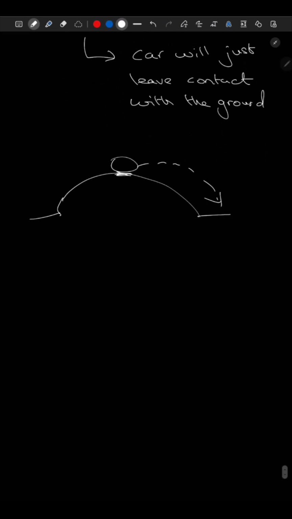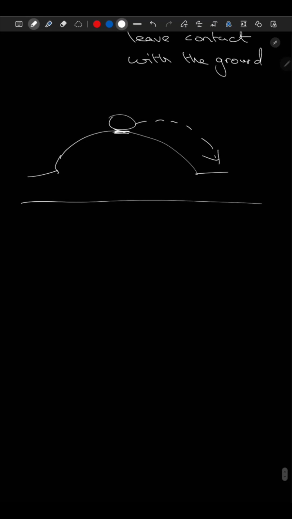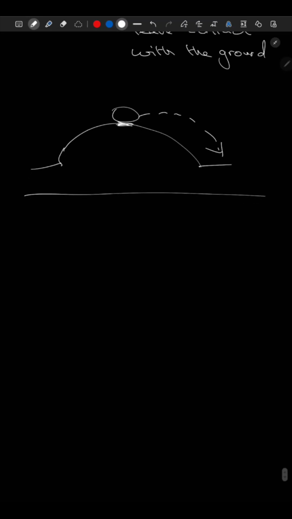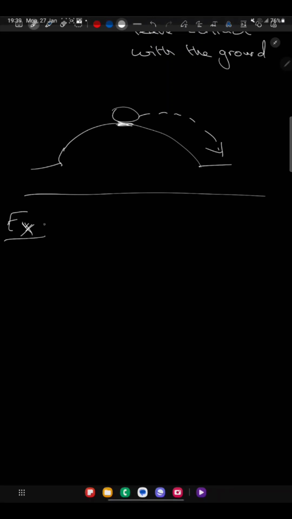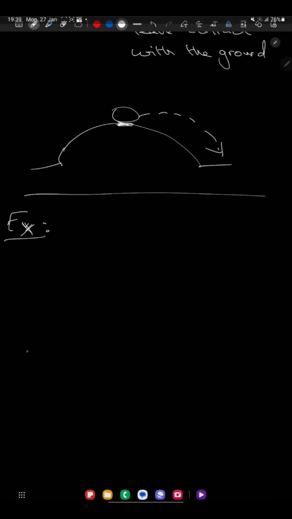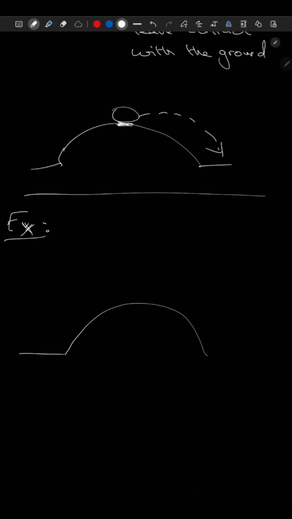Now let's see an example where we can calculate this speed where it leaves contact with the ground. Let's say we have the bridge. Here's your car, here's the velocity v, here's the r, and this is mg.